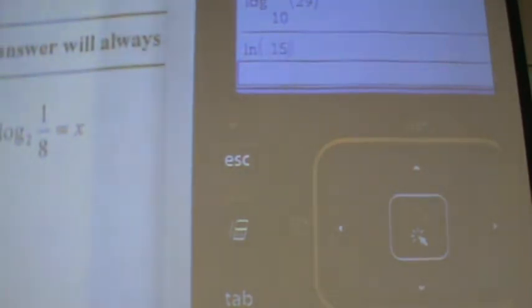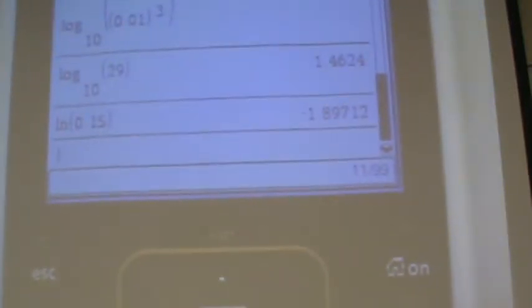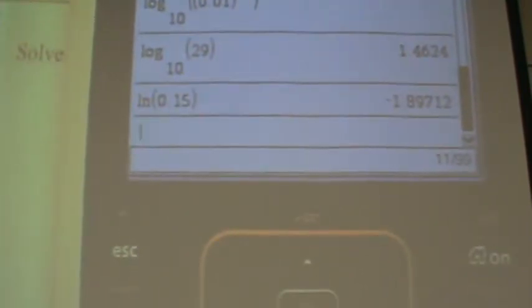What'd you get? Negative 1.89712. There it is. How about the next one? What's ln 186?